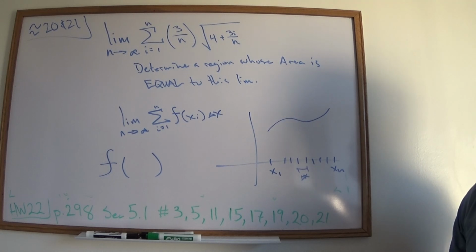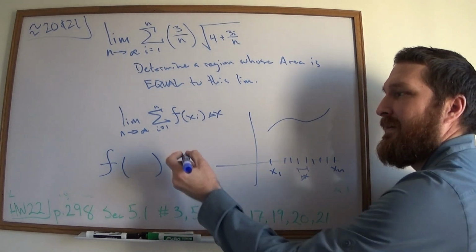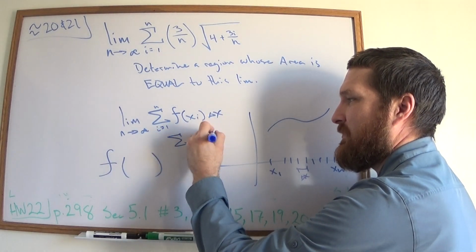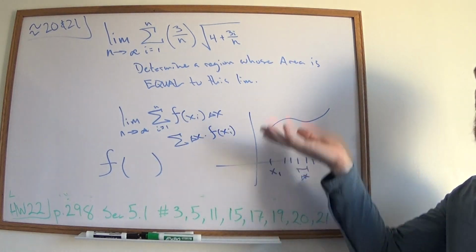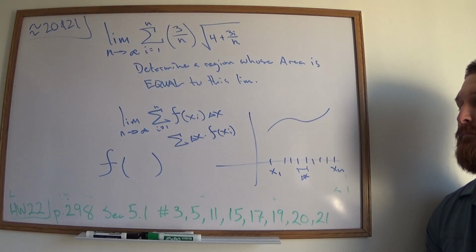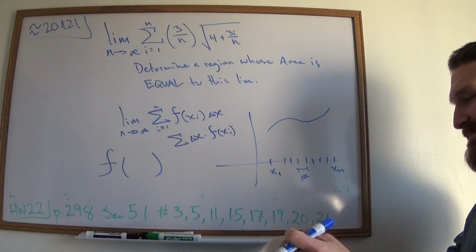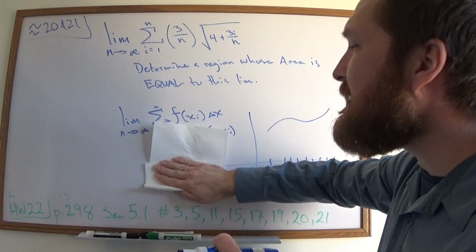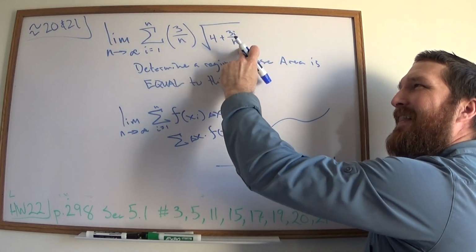See, the trick is, it doesn't need to be written in this order. This is the same thing as I could have put delta x times my f of xi. Now look at it. What looks like the function? Oh, f of x would probably be the square root. Yeah, it's looking like something, and look at how that guy looks.